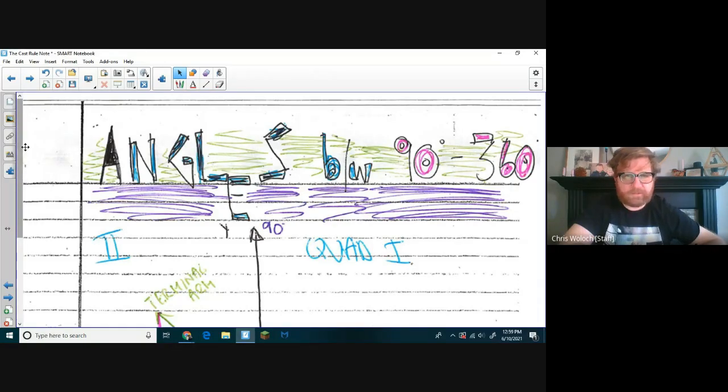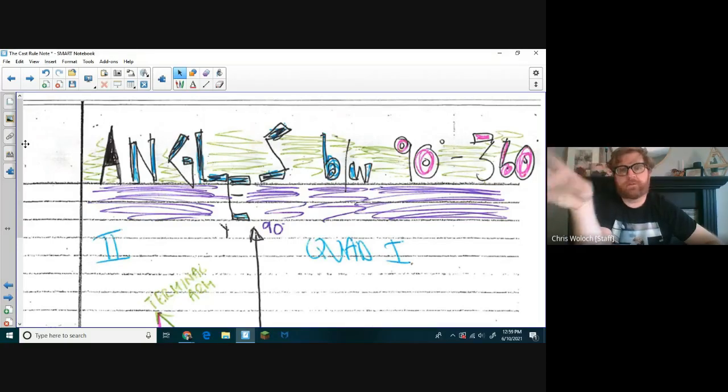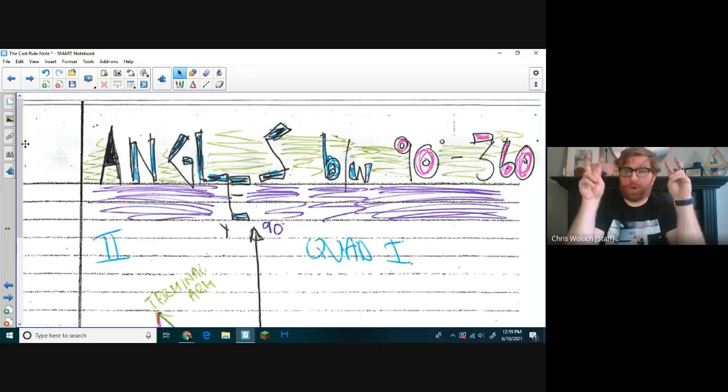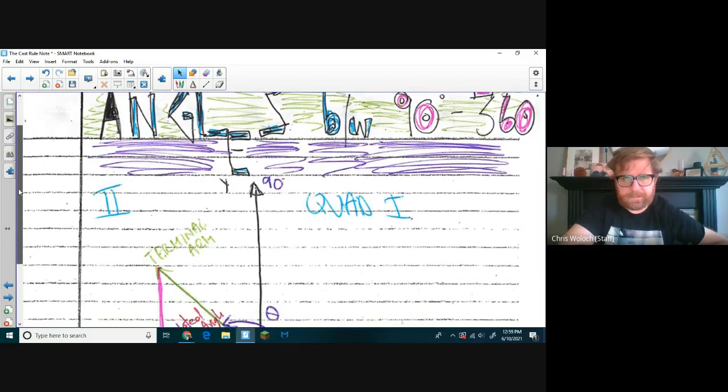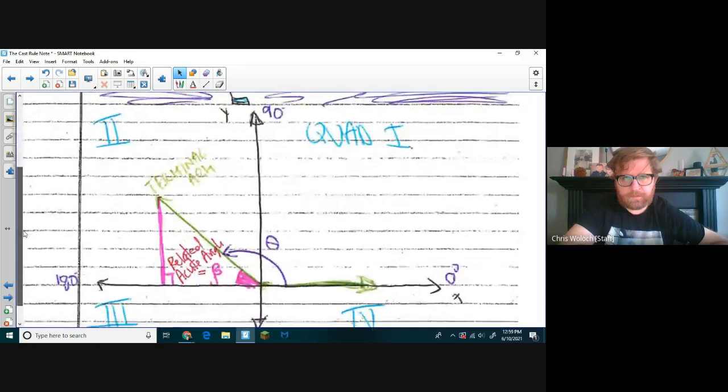So again, yesterday we looked at angles that would swing between 0 and 90 degrees. Now we're going to delve into the other quadrants. It's a fancy term for the different sectors of the XY plane. So if you look here, have a nice little picture.